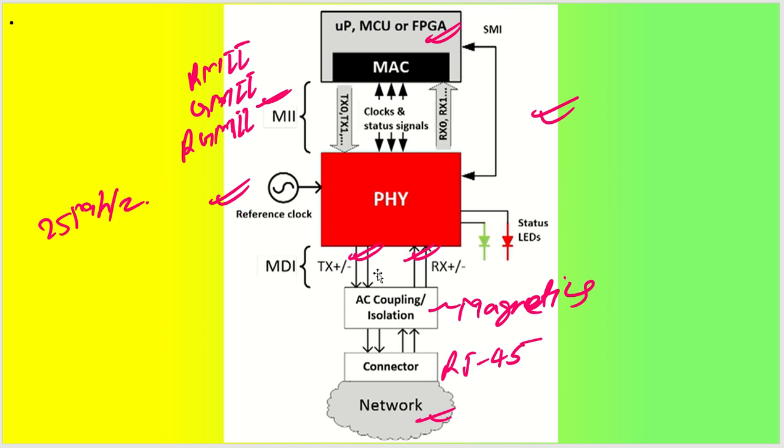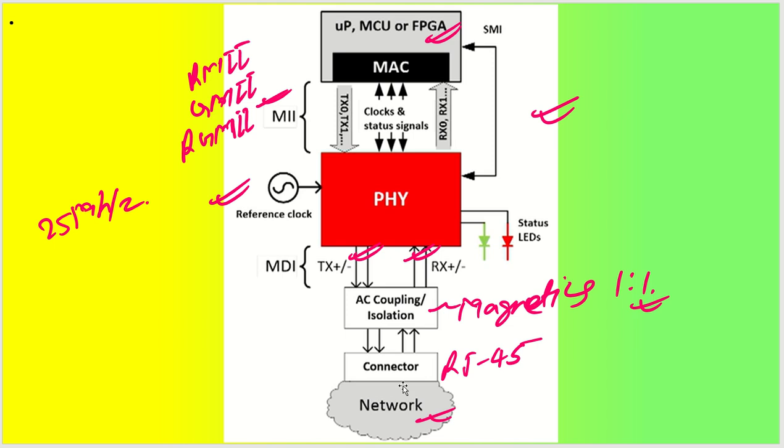Coming back to the PHY to network connection, we have the MDI line, the media dependent interface. This has differential transmit lines and differential receive lines. There will be AC coupling through capacitors where isolation is not required. If you need isolation, then magnetics will be used, which is a 1:1 transformer that we will discuss shortly. As you can see, a very versatile connector is there, the RJ45 connector.